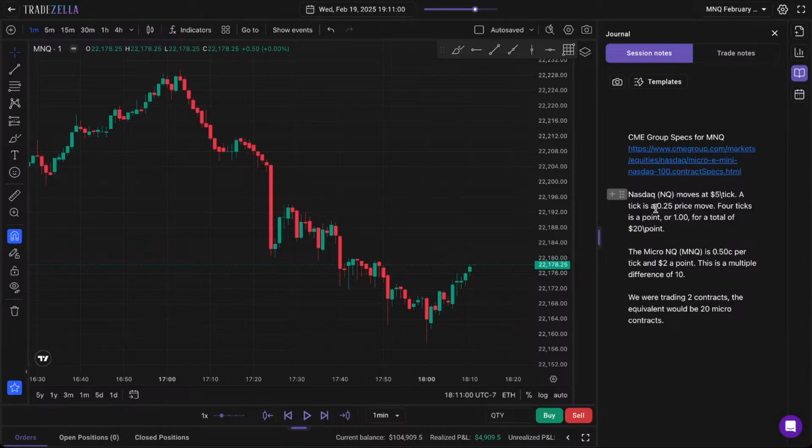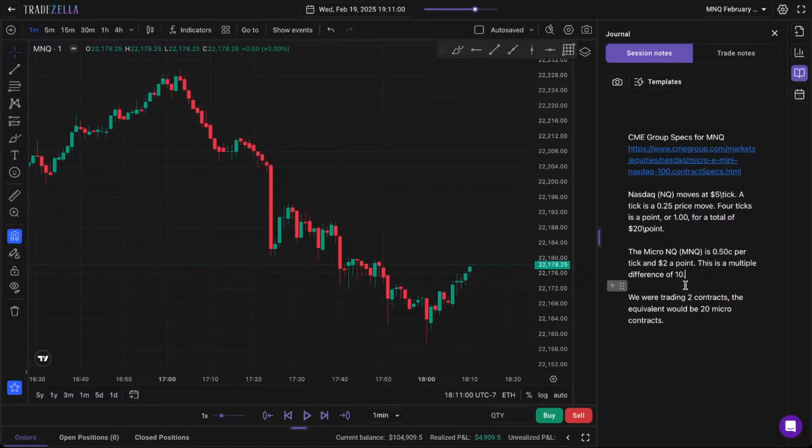In Nasdaq we traded 2 contracts, so a multiple of 10 would be 20 contracts. A 100-point move in Nasdaq is $1,000 for 1 contract, but $2,000.